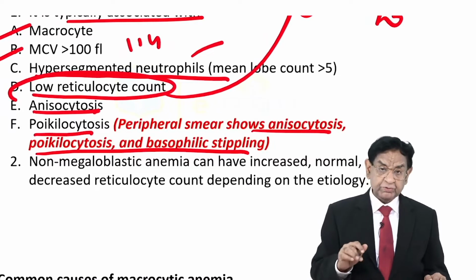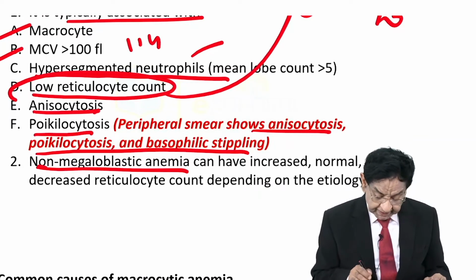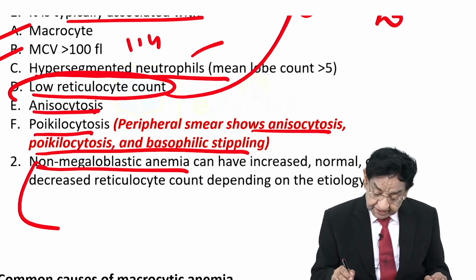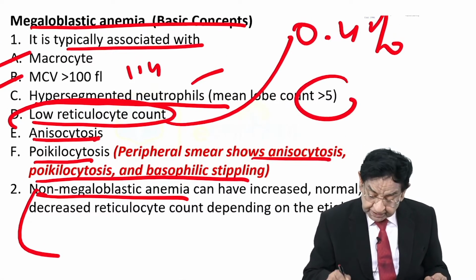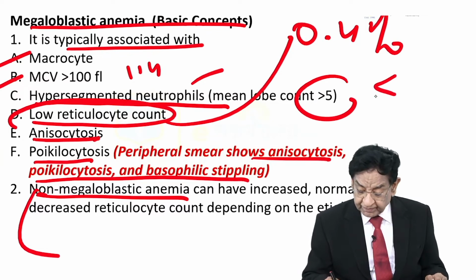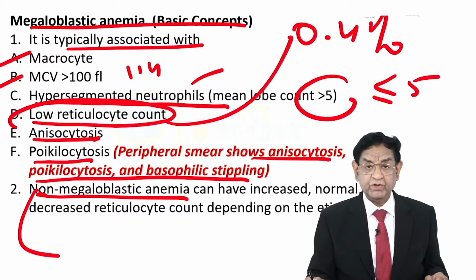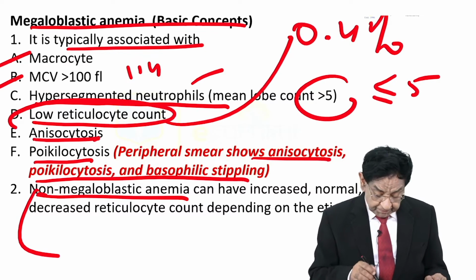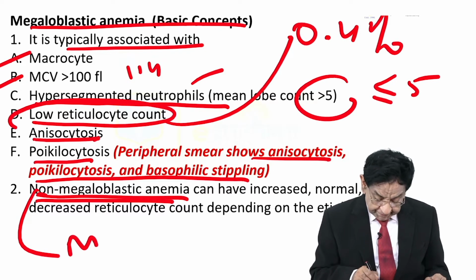Now, as I told you, there is non-megaloblastic anemia. How do you say it is non-megaloblastic? When the lobes in the neutrophil nucleus are 5 or less than 5, then we call it non-megaloblastic. But of course, this is also a type of macrocytic anemia.